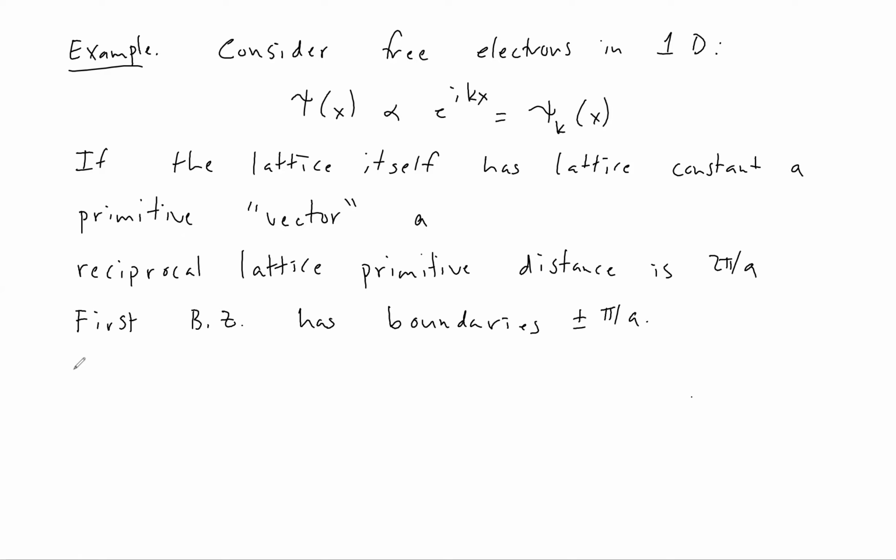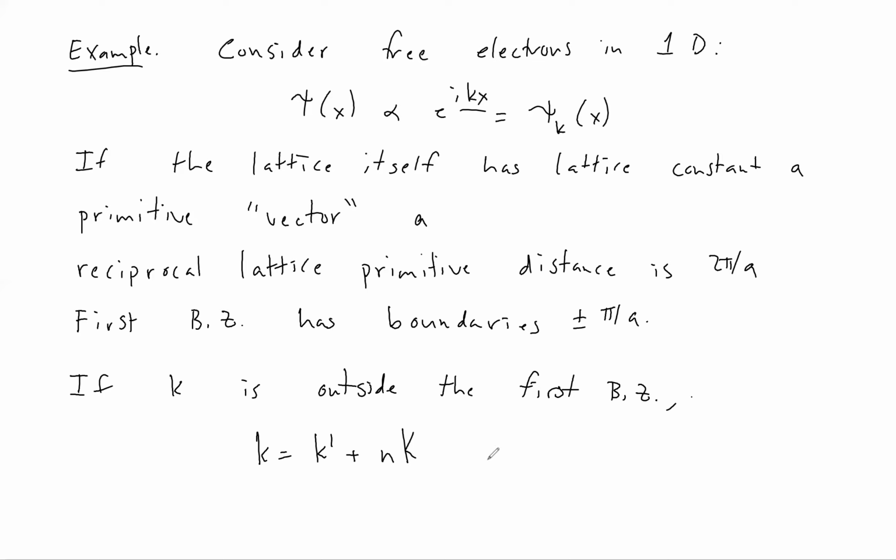So we can say that if k, now this wave number associated with a plane wave, is outside the first Brillouin zone, we can say that k is equal to k prime plus n big K, where big K is equal to 2 pi over a, and n is an integer.